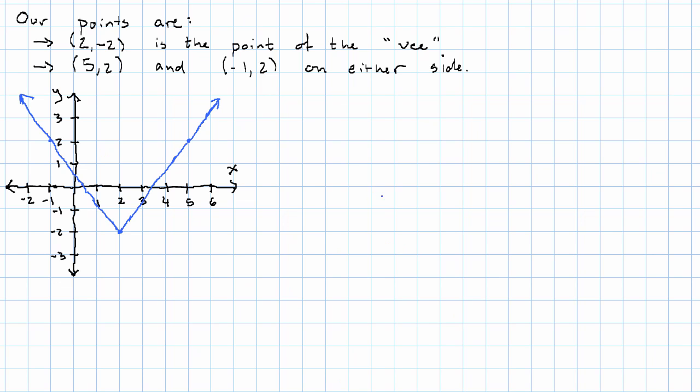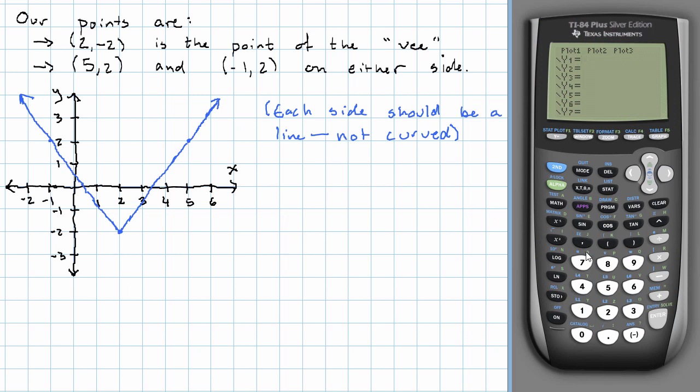Notice when you draw this, you'll want to make sure that it looks like these are at least intended to be straight lines. We can check on a graphing calculator that our graph looks right.